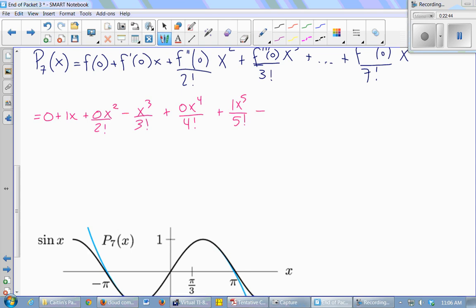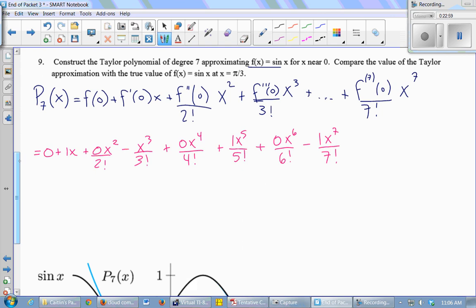And the sixth derivative is 0. And then the seventh derivative was negative 1. So all I'm doing is replacing the function values, f and all its derivatives, with the values we found.